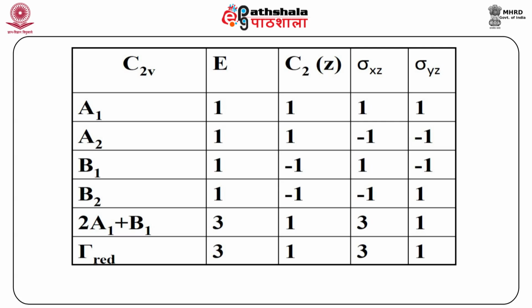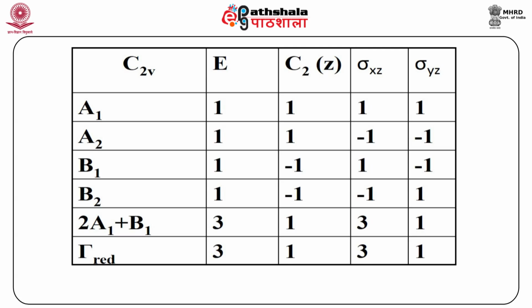Now, if I simply add 2A1 plus B1, that is, take the irreducible representation A1 two times plus B1, I get the characters 3, 1, 3, 1, which is the same as the tau reducible characters.